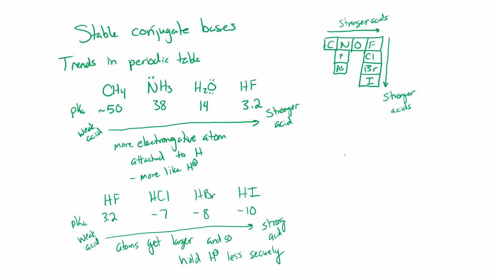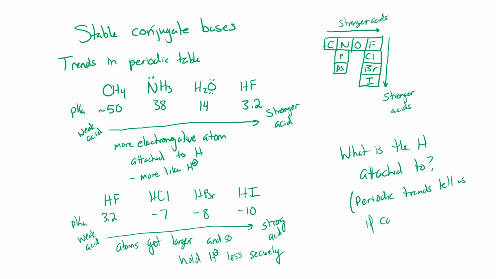So one of the ways that we determine if a conjugate base is more stable is we look at what is the hydrogen attached to? What element is the hydrogen attached to, right? And then we use the periodic trends to tell us if the conjugate base is stable.